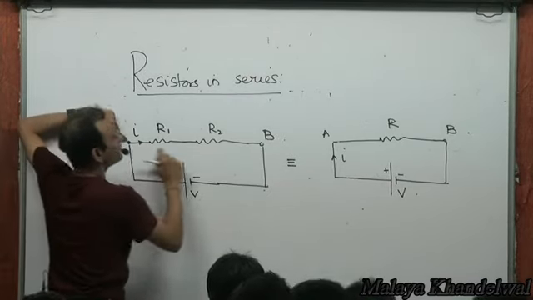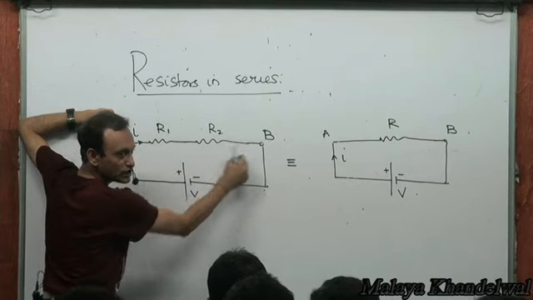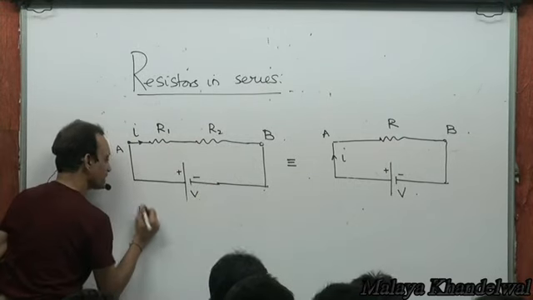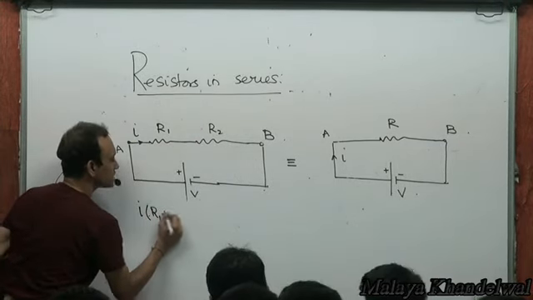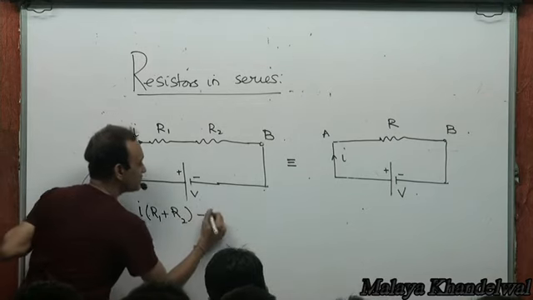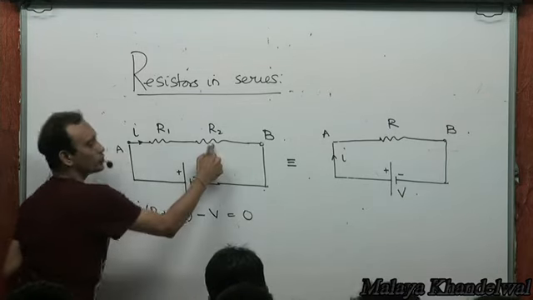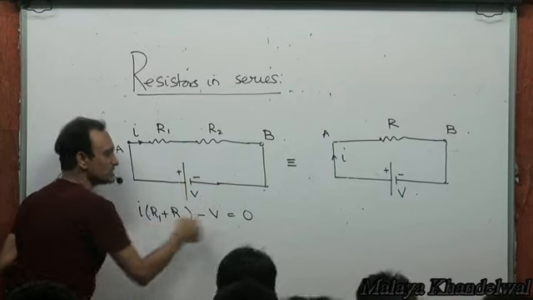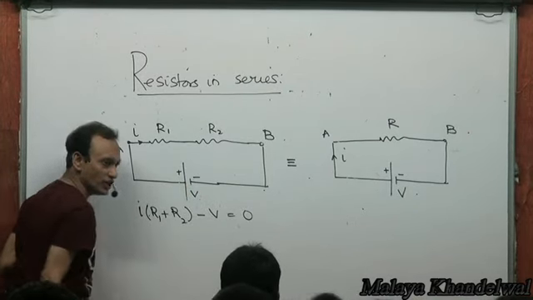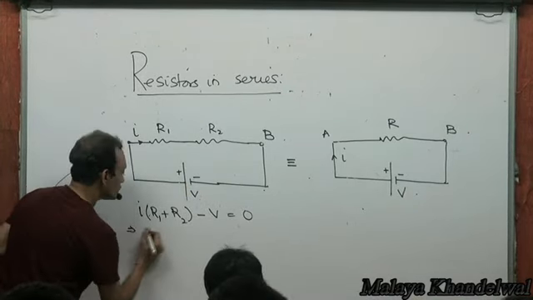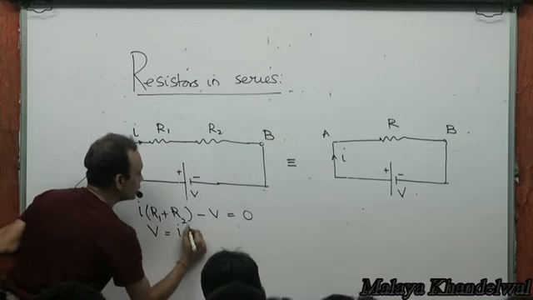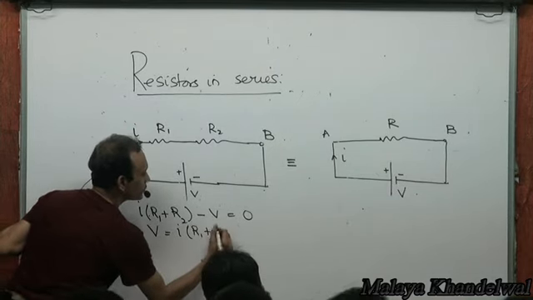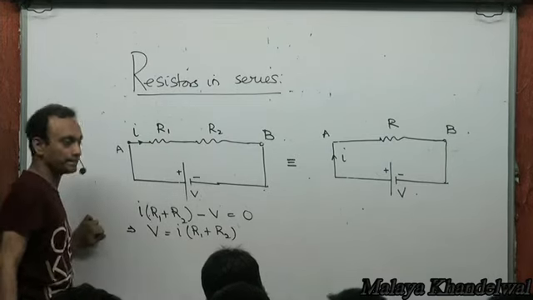So now, very clearly, if I apply KVL to this loop, then I get I into R1 plus R2 minus V equal to 0. Drop across this, minus V increase, that must be 0. Yes or no? So V must be I into R1 plus R2, right?